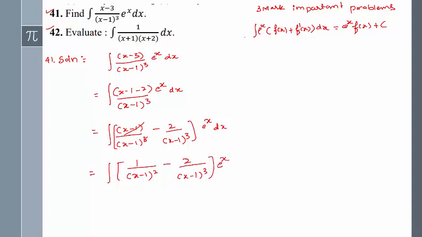So now check this formula. 1 by x minus 1 whole square will be your f of x. The differentiation of 1 by x minus 1 whole square will be minus 2 times x minus 1 whole cube in the denominator. Clear? So easily from this particular formula I can write here e raised to x into 1 by x minus 1 whole square plus c.